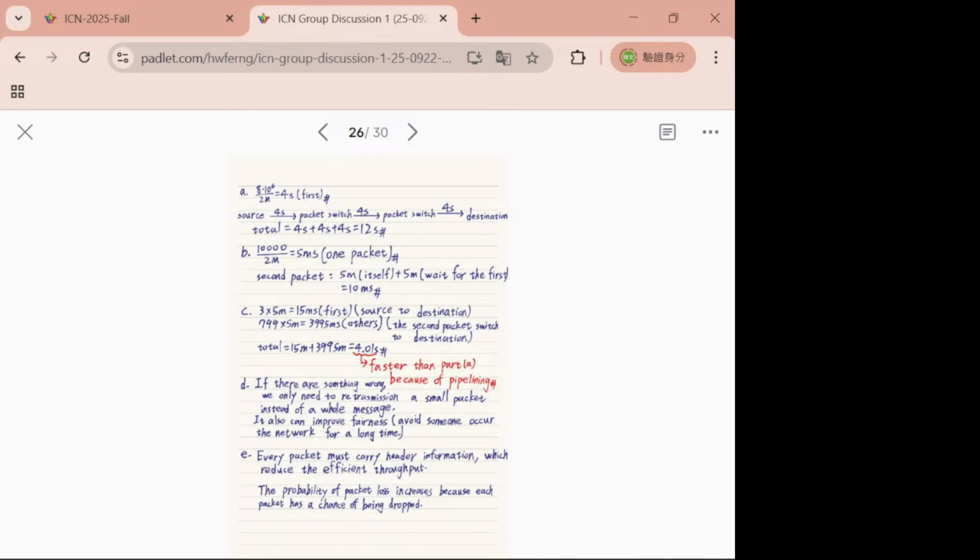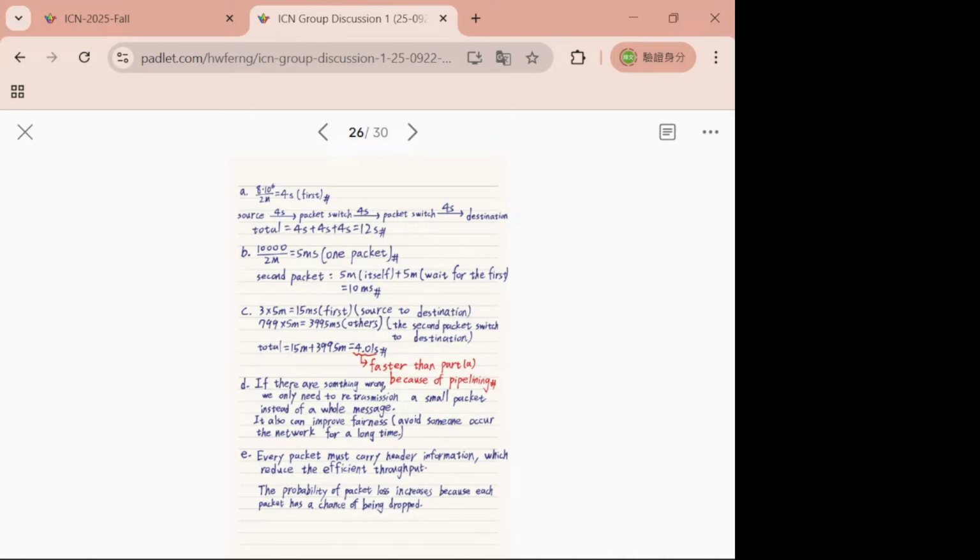The first question is about how we deal with the packet size. We consider all the data as one big packet, so we just calculate the transmission delay of one line and multiply by 3, and we get the total transmission delay. For question B, we divided the data by 800, so we separated the data into 800 packets.